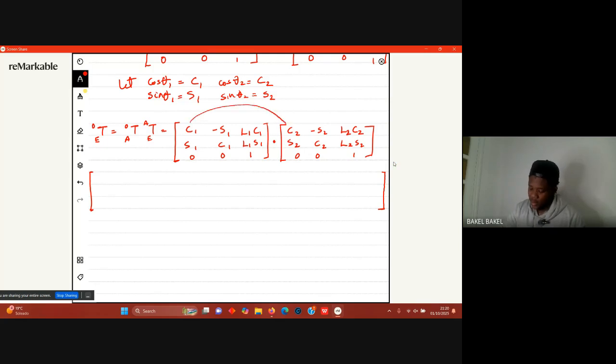C1 C2 plus, sorry, S1 S2, plus S1 S2. This multiplies to 0 plus 0. Now move on to the next one.